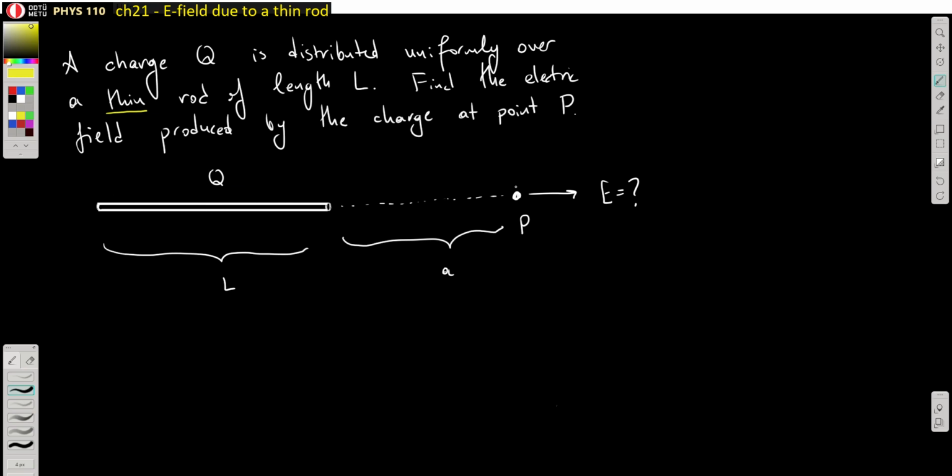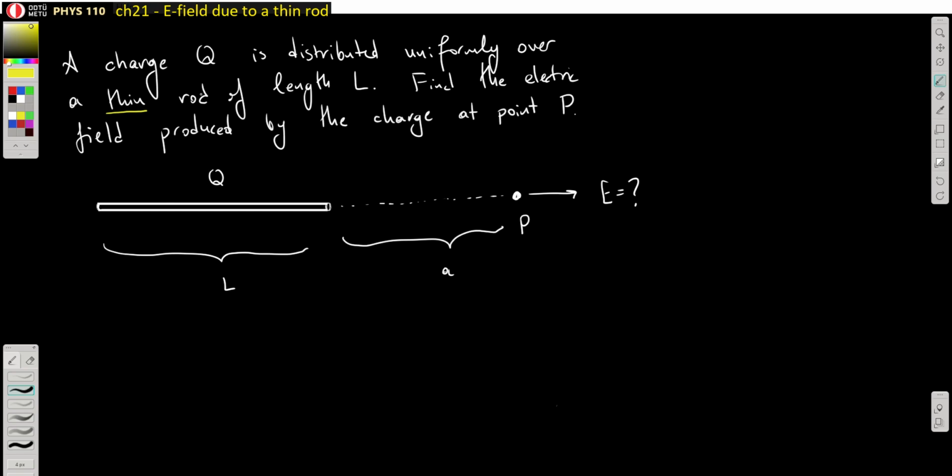There's also another distance in here, the distance A of the point from the tip of the rod, and the thickness has to be much smaller than that too. So thin means I can neglect the thickness. Mathematically, that's equivalent to taking the thickness to be equal to 0.